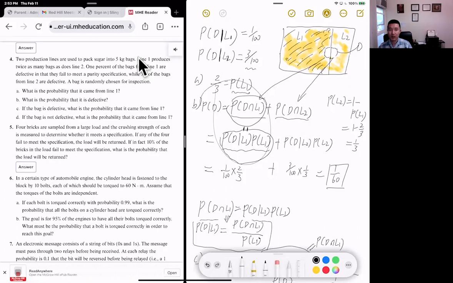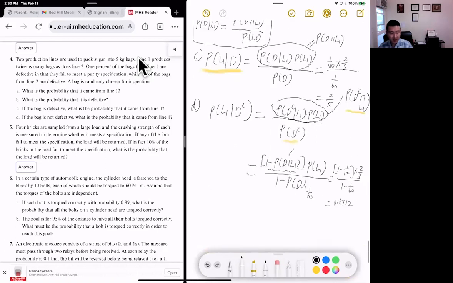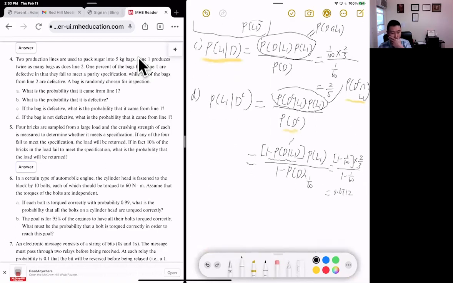It may take some time for you to fully digest the concept of what is conditional probability, what is intersection, and so on. Again, this is question number 4.